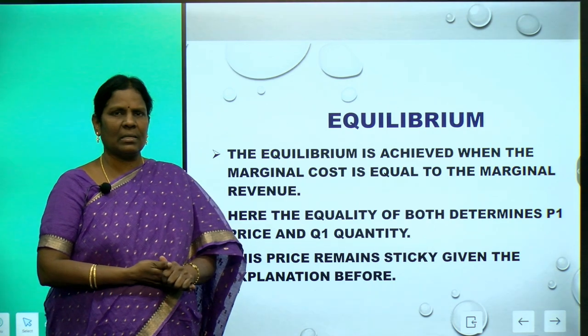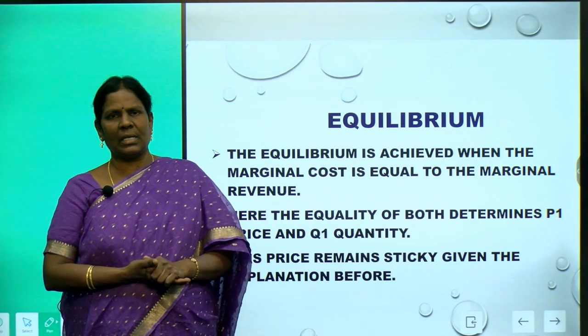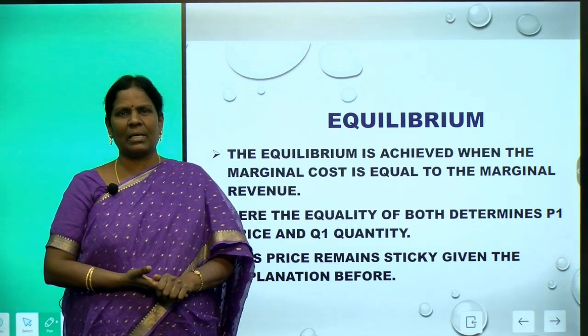This is called the nature of price rigidity and the nature of the kinked demand curve in the oligopoly market. Thank you.